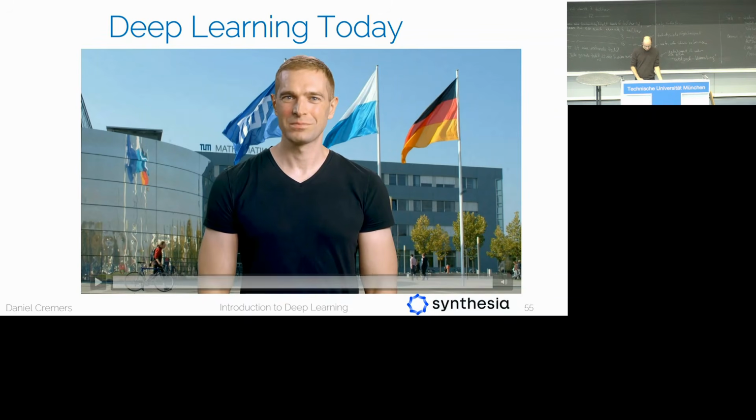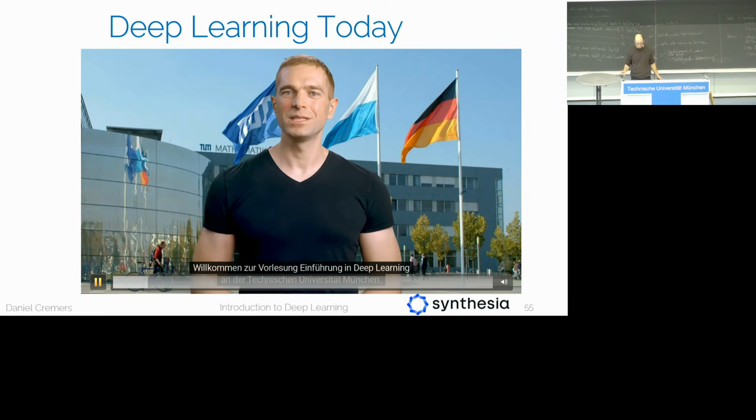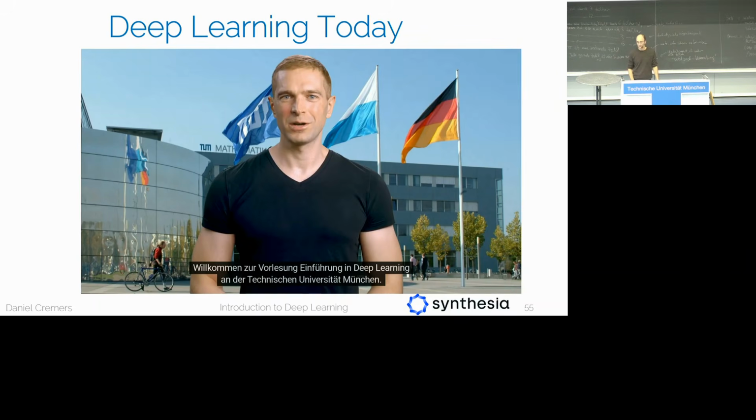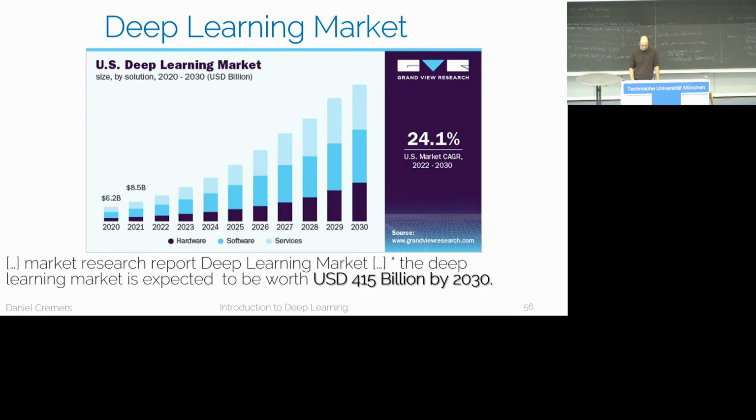Yeah, very convincing, you can tell. There's still room for improvement, but this is not the latest version, I think. But this is a huge market for AI, for deep networks, for machine learning. There's a prediction of a $415 billion market by 2030. If you've ever seen such predictions of market growth, don't buy them. You can make such a prediction for pretty much everything.